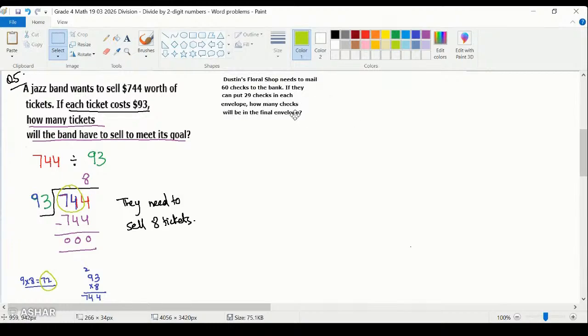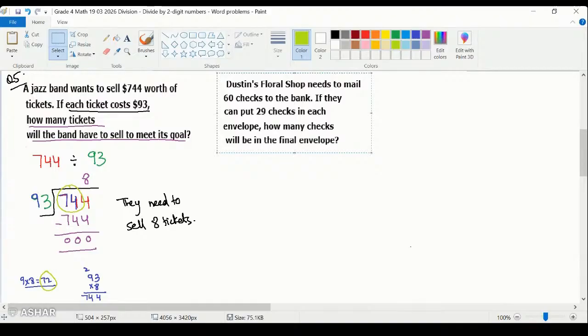Let's see. For question number 6, they're saying they have a total of 60 checks to be mailed to the bank. If each envelope can hold 29 checks, right?